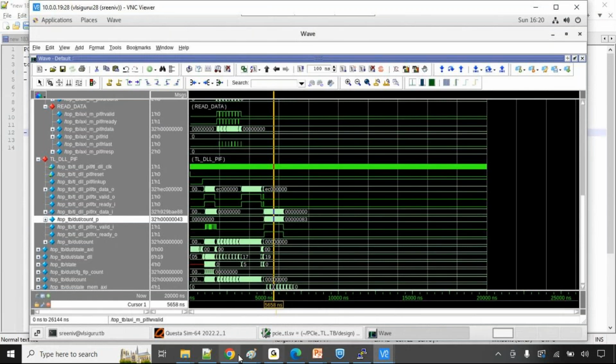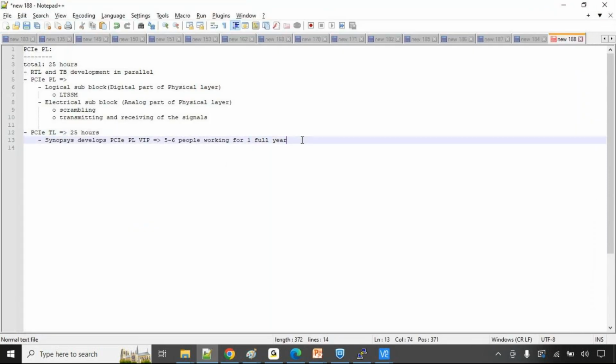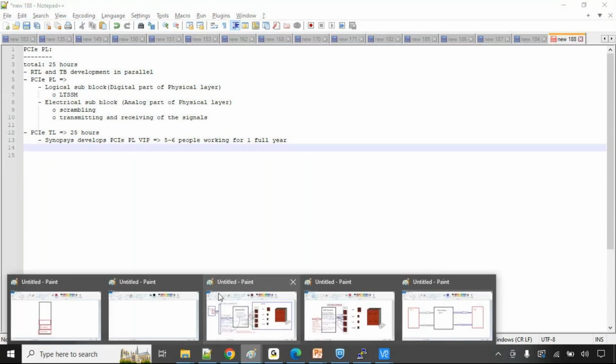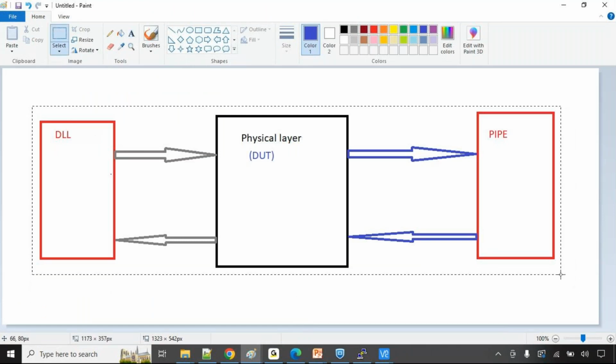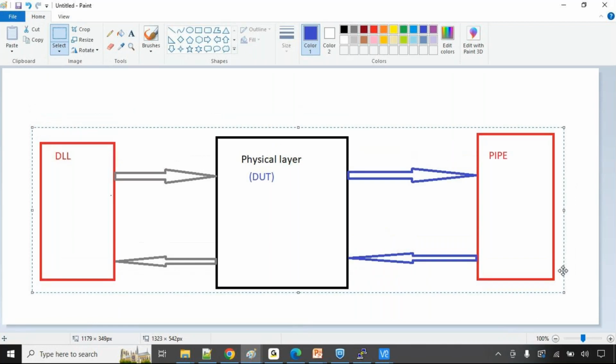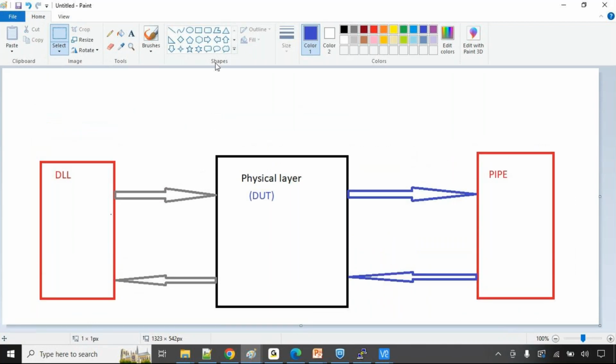Okay, so coming back to our flow, I think we were looking into this. If you see here, it has got majorly two interfaces. Though we haven't shown it here, one more interface will be present.